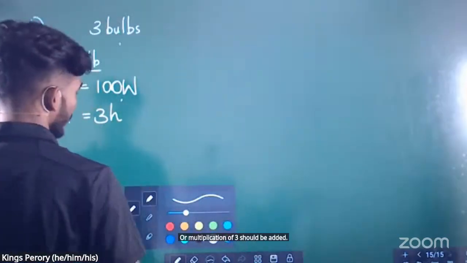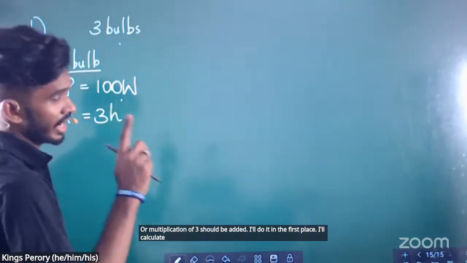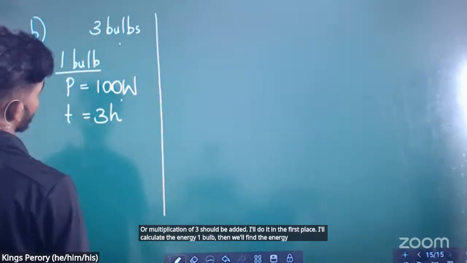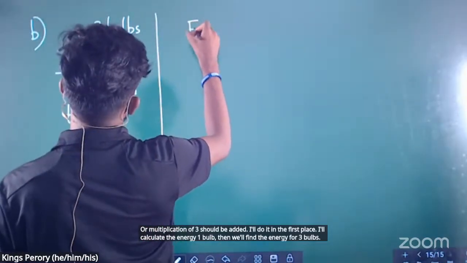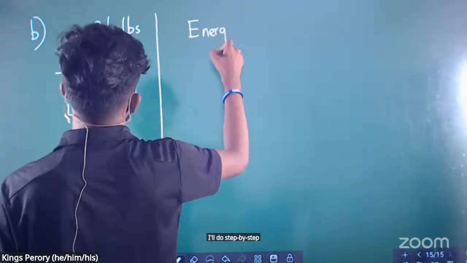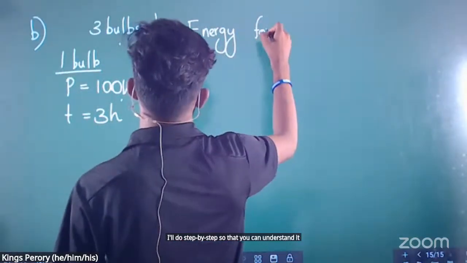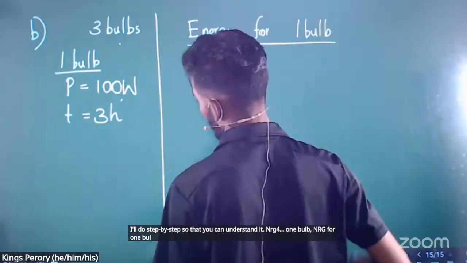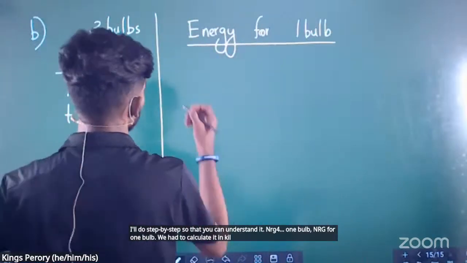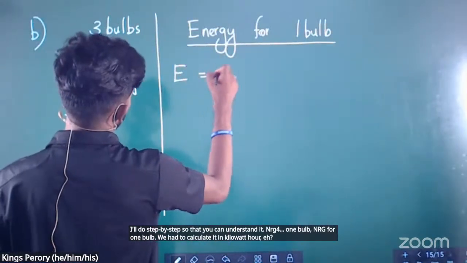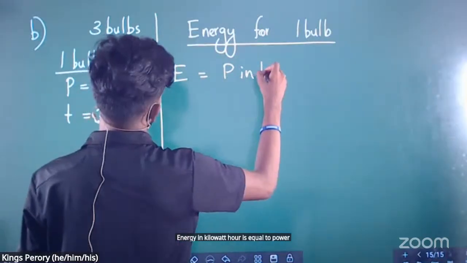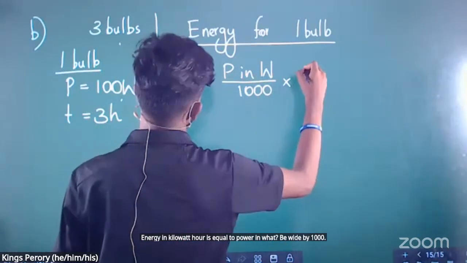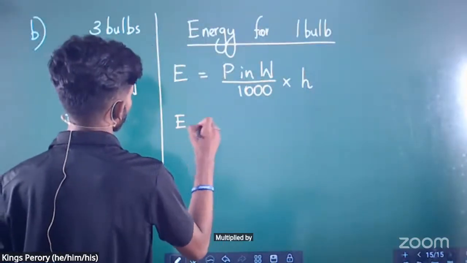I'll do it the first way. I'll calculate the energy for one bulb, then we'll find the energy for 3 bulbs. I'll do it step by step so that you can understand. Energy for one bulb, we have to calculate in kilowatt hour. Energy in kilowatt hour is equal to power in watt divided by 1000, multiplied by number of hours.